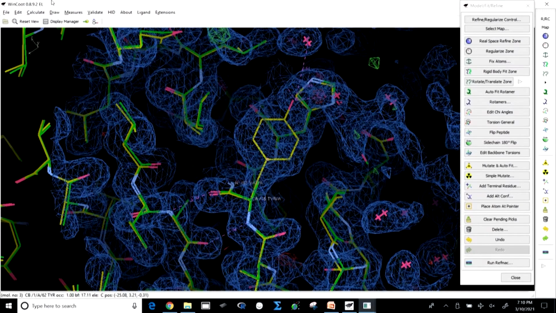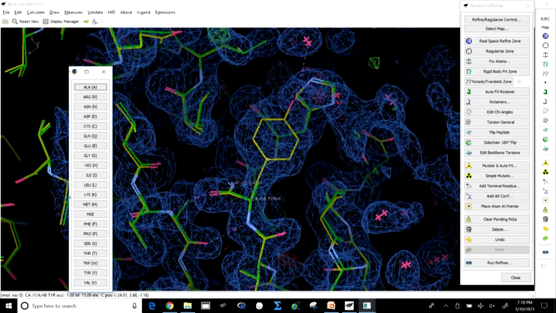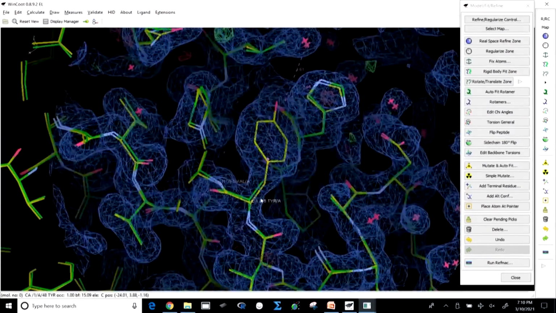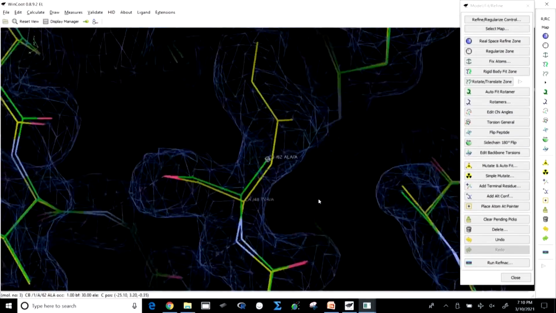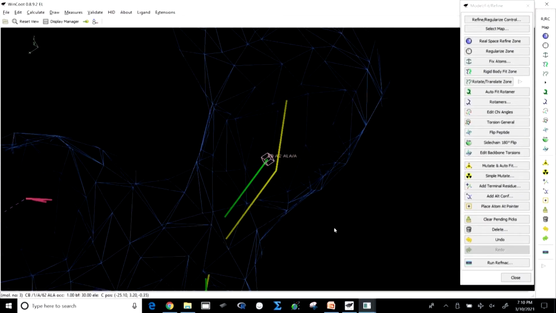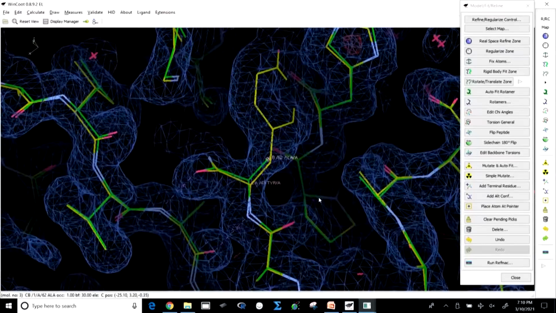Now, if I change the mutation, again going back to tyrosine, we have to get the protein molecule we want to mutate.